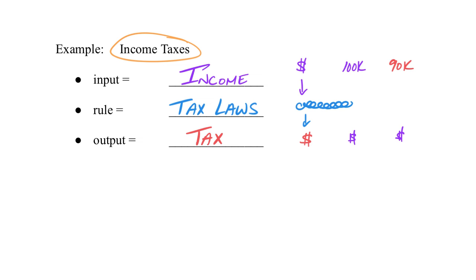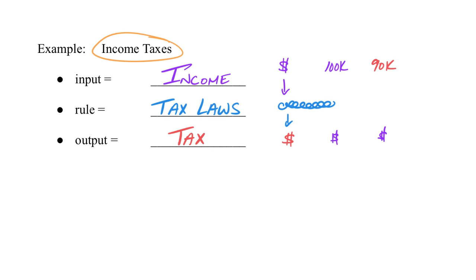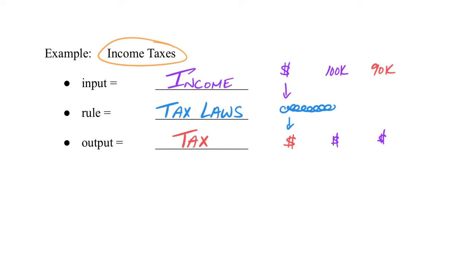No problem. I want you to picture a different scenario though. What if my $100,000 person, the exact same person, now files their income taxes? And when I filed my income tax, it came down and it spit out a different dollar amount.